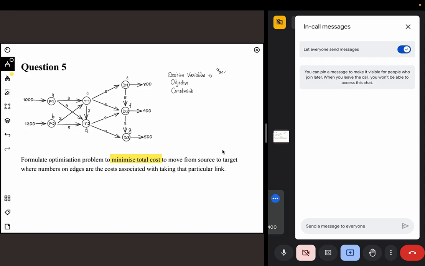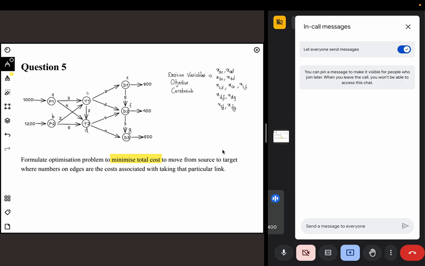So like that, I can have different variables like XAD, XBC, XBD, XCD, CE, and CF. Similarly, XDF, DG, and XEF, FG. So any of these X can be 1 or 0.